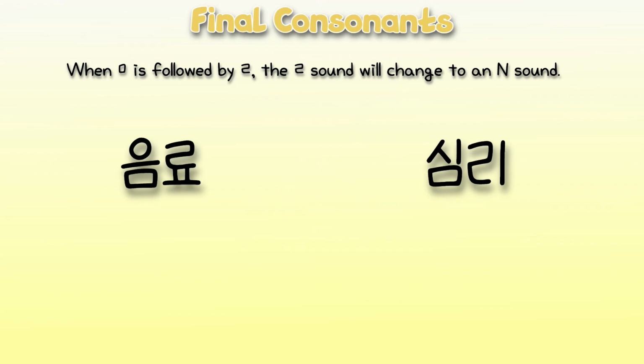Next, we have mieum. If you have a mieum followed by a rieul, there is a sound change rule. The rieul will actually change its sound into a nieun. Confusing, I know. I'm sorry. I have two words for this. 음료 and 심리.